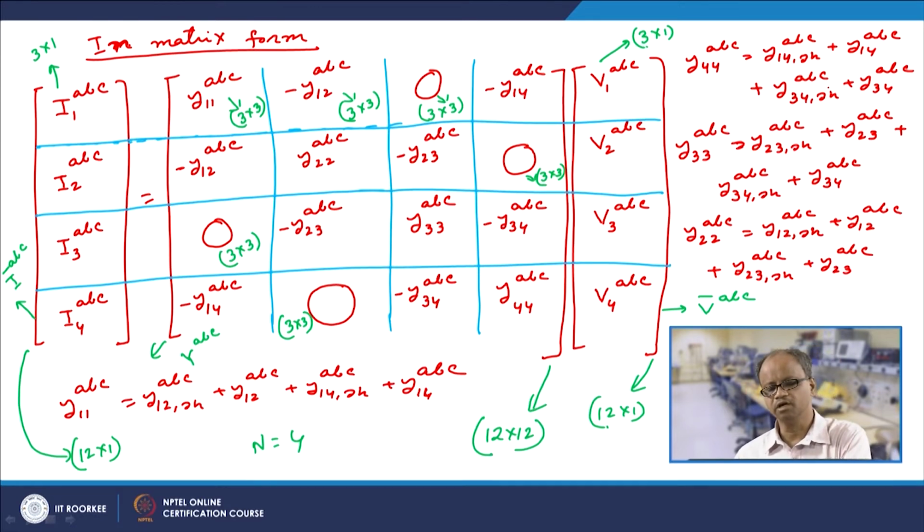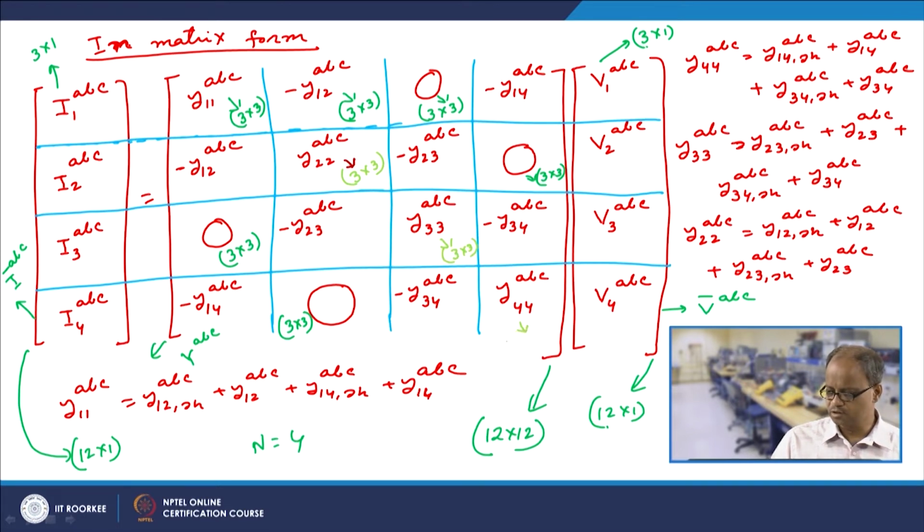Similarly, here also the negative of this series admittance matrix is there, and these diagonal elements, these four, are called the diagonal elements. But again, these diagonal elements are essentially 3 cross 3 matrices. These are all diagonal, but 3 cross 3 matrices.